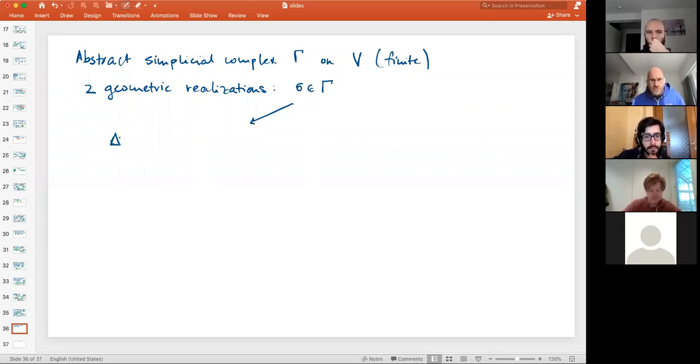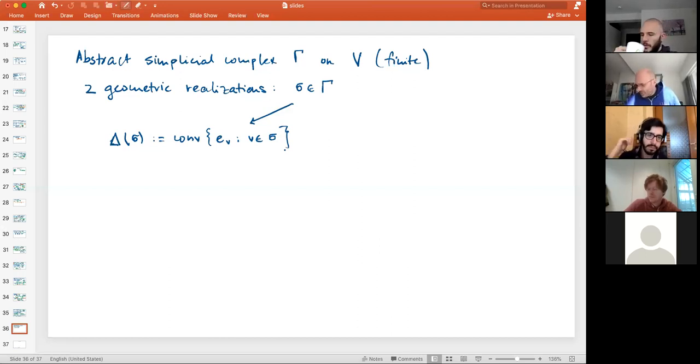Maybe we should call this delta of sigma, by simply taking the convex hull of the unit vectors in Euclidean space indexed by V. I take the convex hull of those unit vectors, let's call them e_v, that are indexed by my elements in sigma, correct?